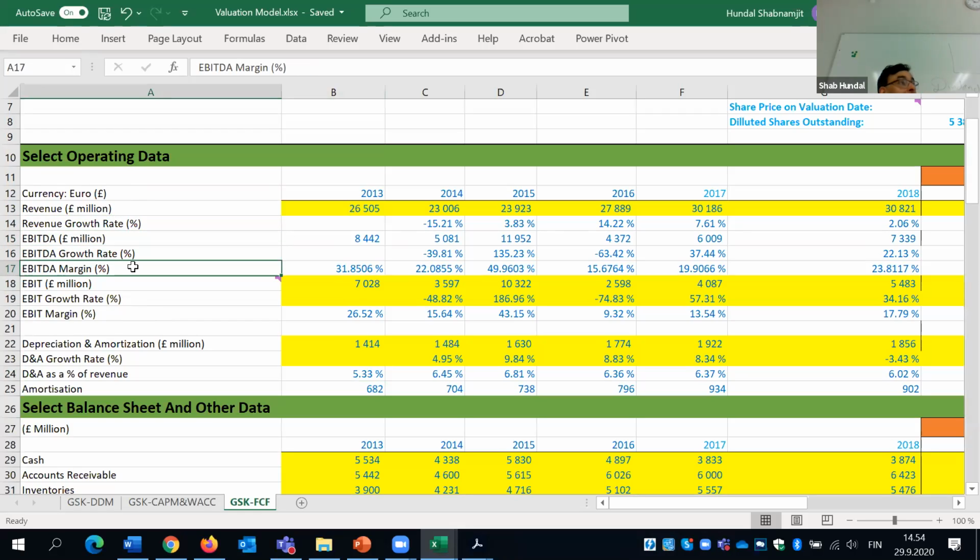You know that the total revenue you get. Do you know the hierarchy of profits? First, you have total revenue, then you minus your operating cost, then you get EBITDA, gross operating profit, earnings before interest, tax, depreciation, and amortization. And from that, you minus depreciation and amortization, and you get EBIT, which is earnings before interest and tax. And that is your net operating profit.